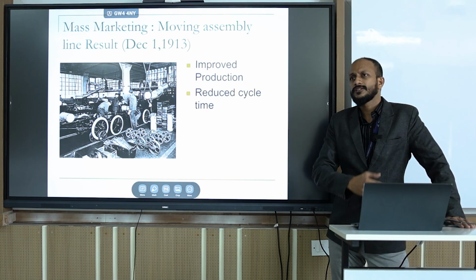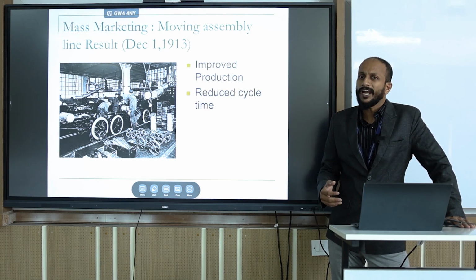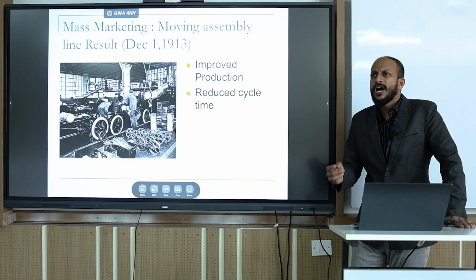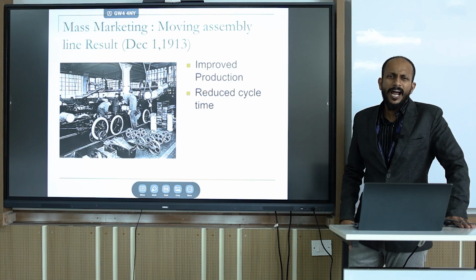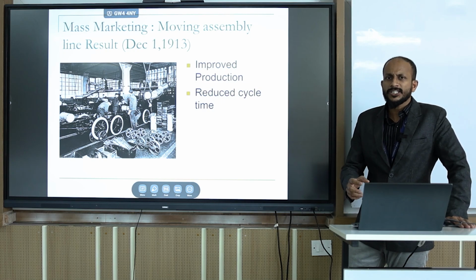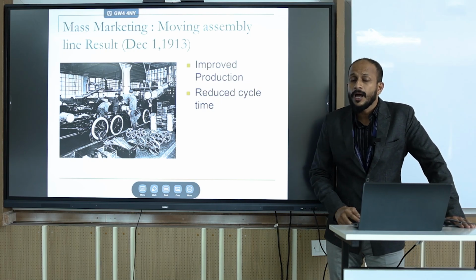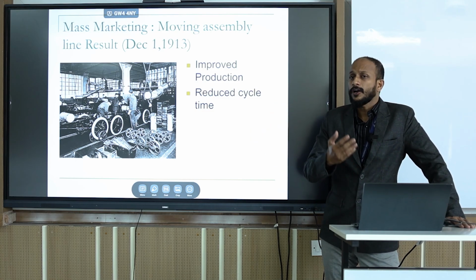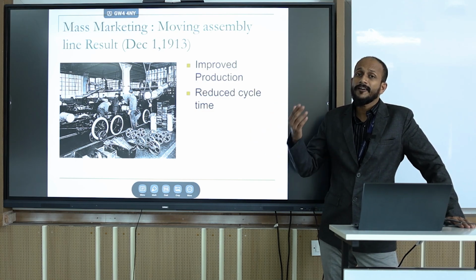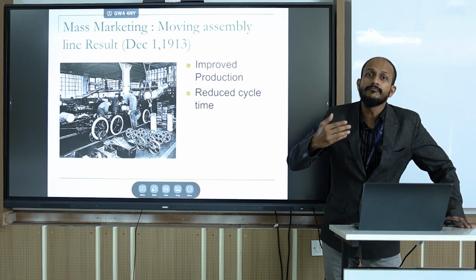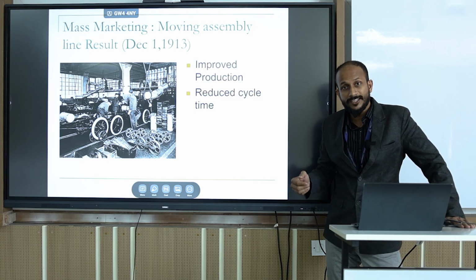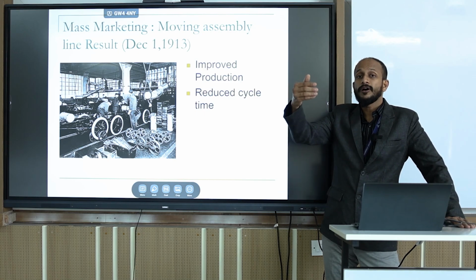So what happened? Initially, when he came up with this car in the year 1908, the car was priced so high. It was costing something like $825 for one car, and it took almost 12 hours to assemble it. But after they came up with the moving assembly line, they were able to manufacture in mass, because of which the cost of manufacturing came down.